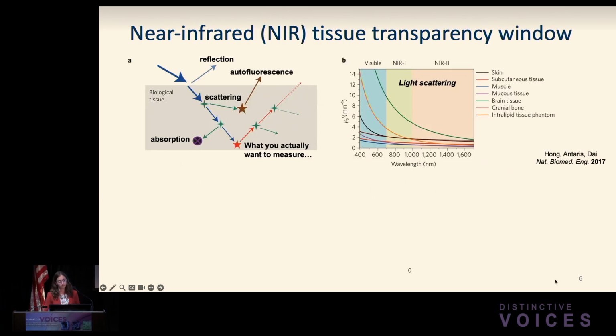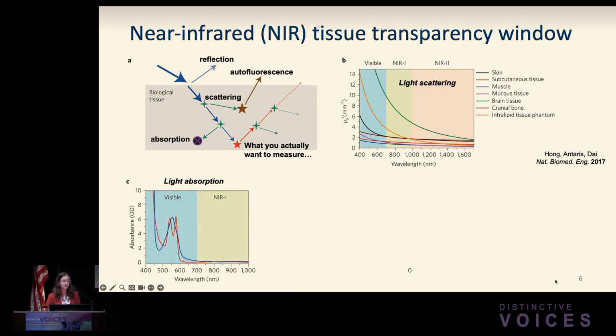So why is this? Well, there's several different factors that all come together. One factor is that scattering becomes much less efficient at these longer near-infrared wavelengths. So you can see in this graph here the different scattering coefficients of different types of biological tissues, from skin to brain tissue, which is extremely light scattering. And that's one challenge why brain imaging with light is so difficult.